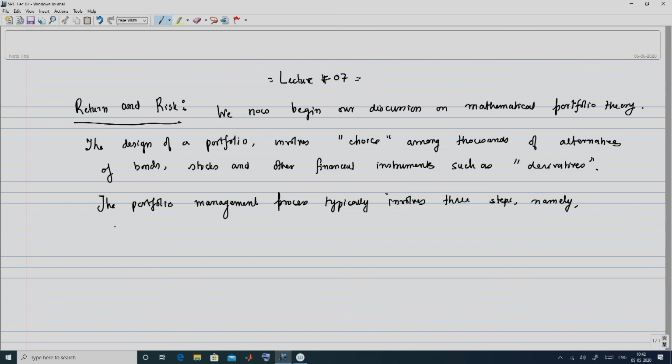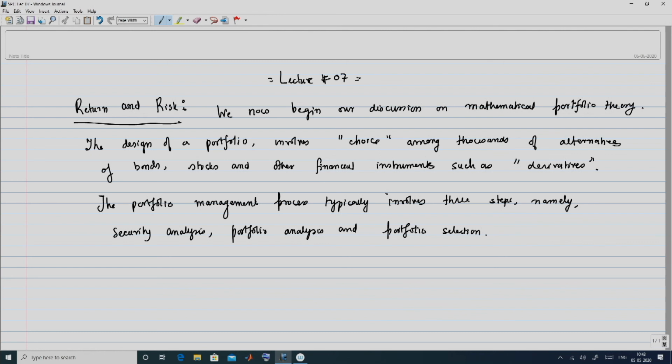So, these 3 steps are security analysis, portfolio analysis and portfolio selection.